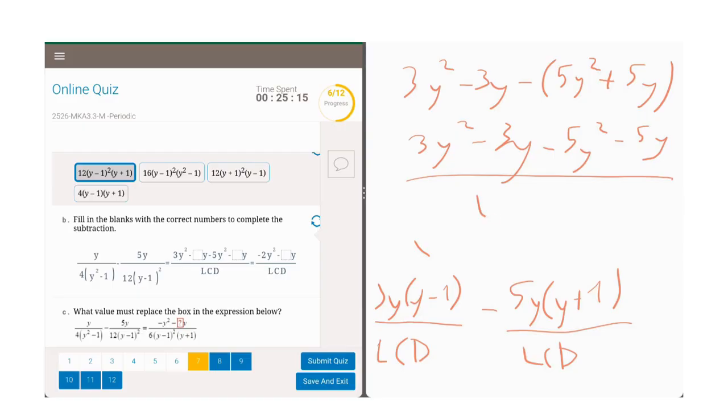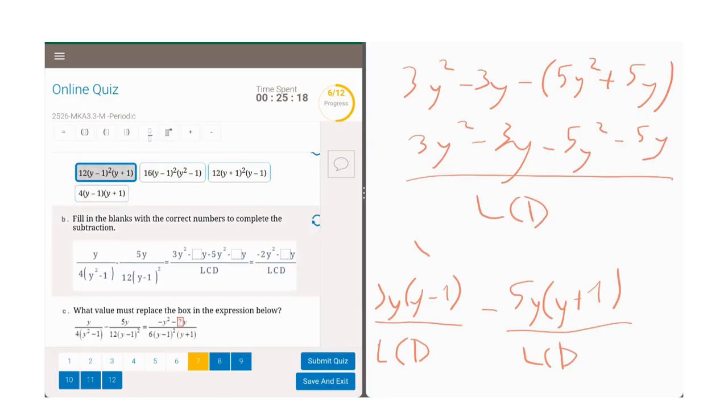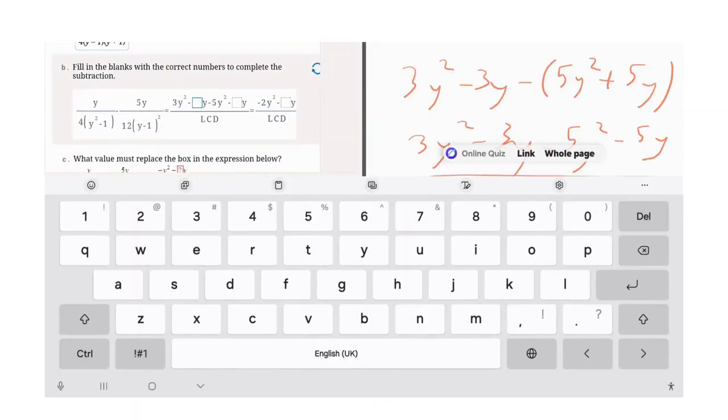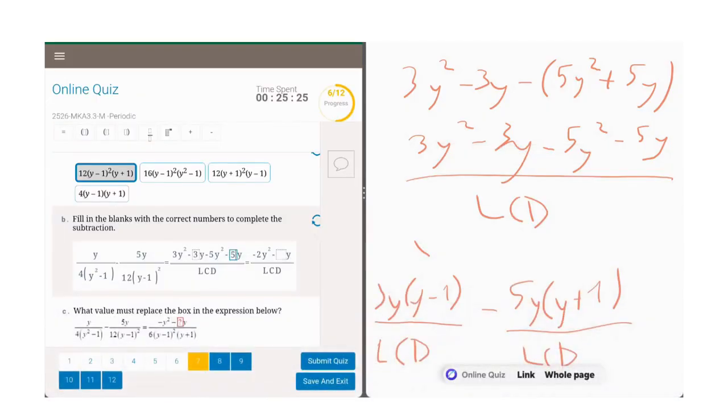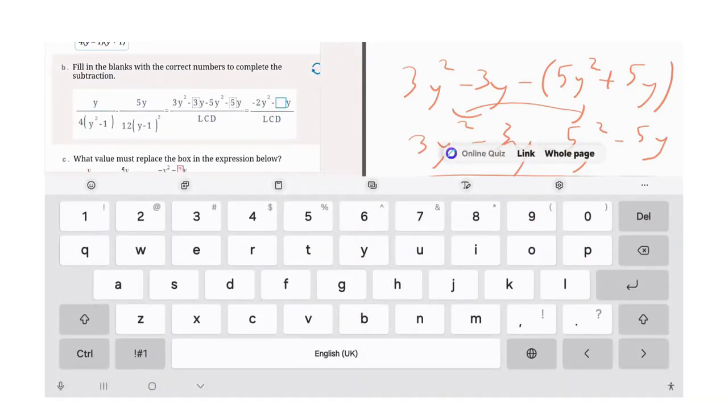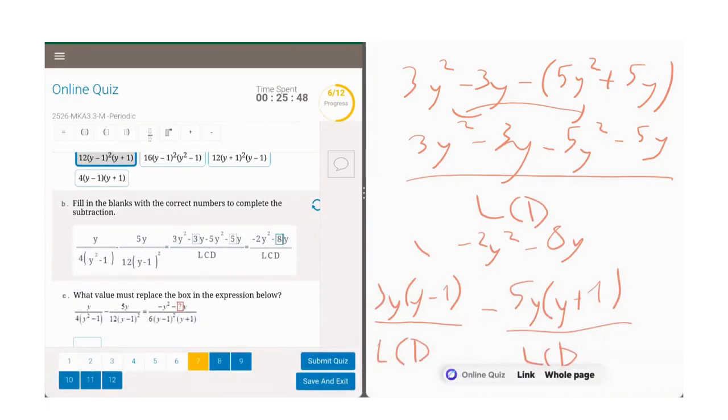This is still all over the LCD. So we can fill in the blanks here. 3y squared minus 3y minus 5y squared minus 5y. And when we simplify the common variable with the common variable power, we have 3 minus 5, you get minus 2y squared, and minus 3y minus 5y, you get minus 8y. So you get minus 2y squared minus 8y over the LCD.